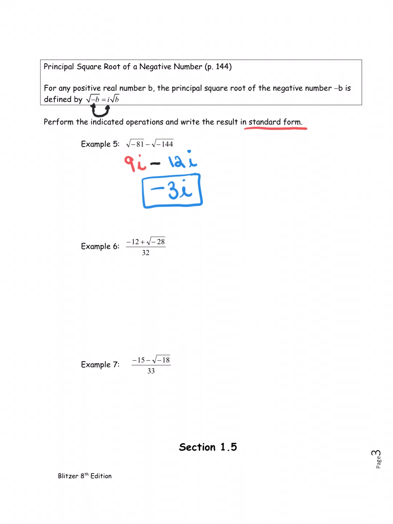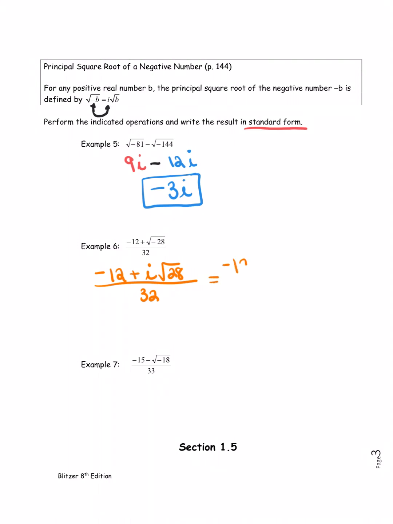Example 6, we have negative 12 plus, because there's a radical with a negative inside of it, we have the imaginary i. So that's the first part. I want to make sure everybody understands that that's where the i is coming from. Then we're going to clean up the square root of 28 just like before. One of the perfect squares that goes into 28 is 4 times 7.